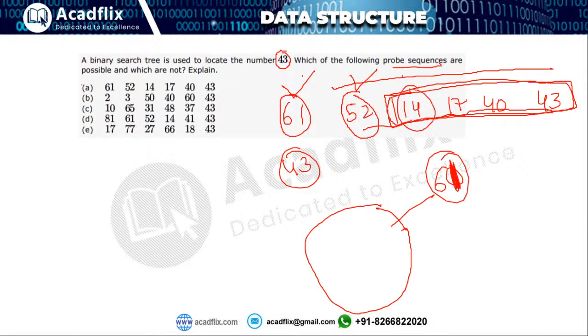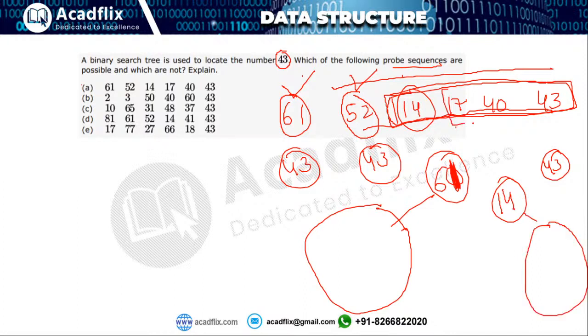Because 43 is greater than 14, all the nodes after 14 should be greater than 14. Whenever I came across 14, I compared it with the node I had to search, which was 43. Because 43 is greater than 14, it will be lying somewhere in its right subtree, so the nodes should be greater than 14. That is exactly what is happening.